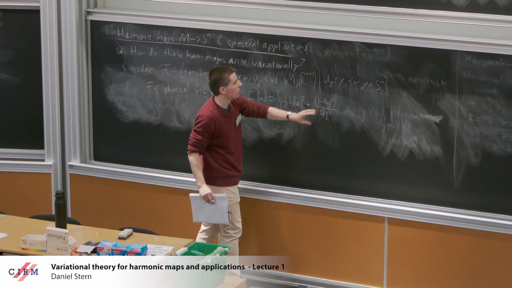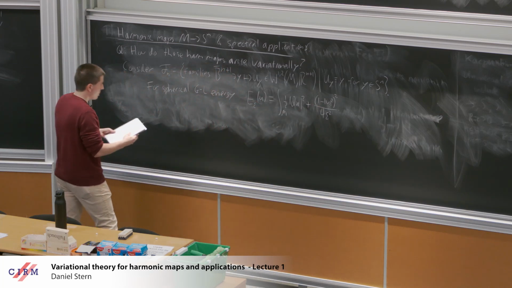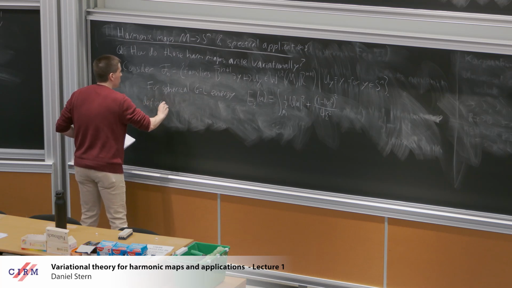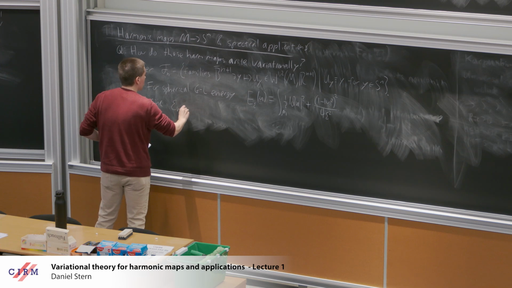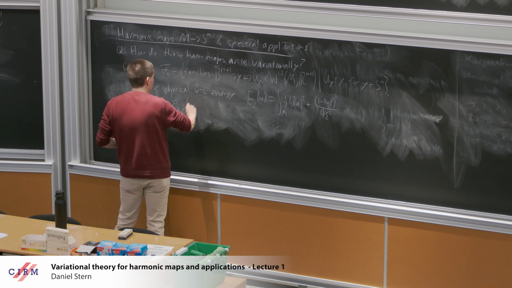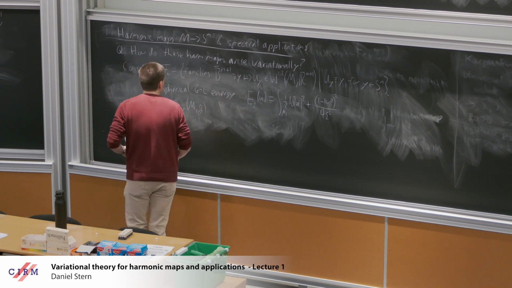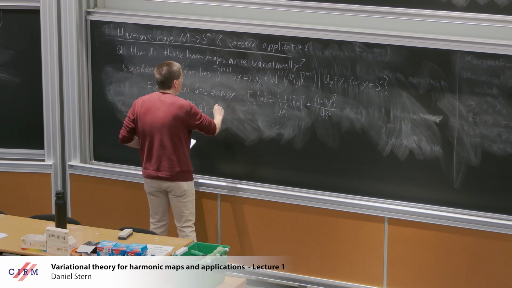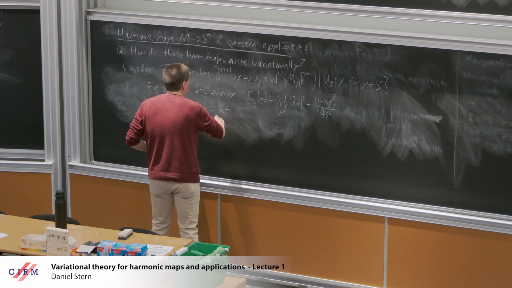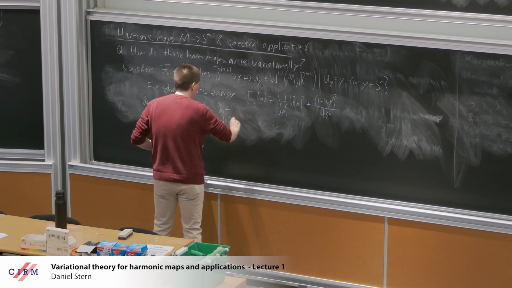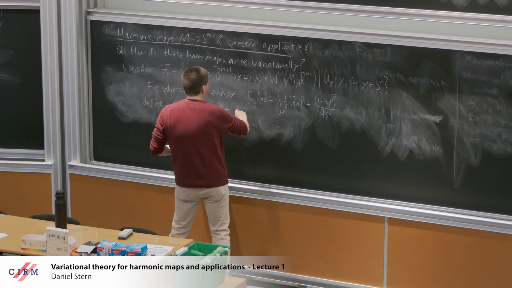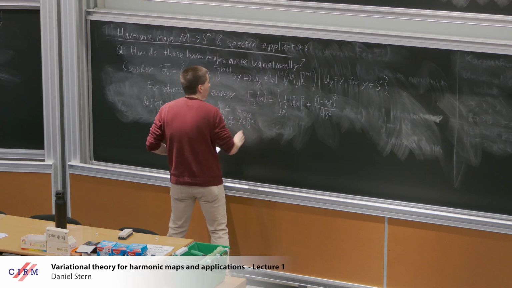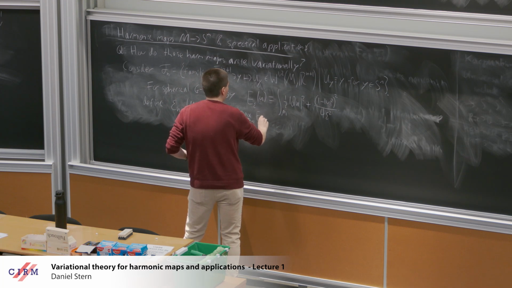If you wanted, you could build this out of distance functions instead. Okay, then we define these min-max energies E sub n epsilon of M, g. Notice that off the bat, they depend on the specific metric we're choosing, to be the infimum over all such families of the max of E epsilon.